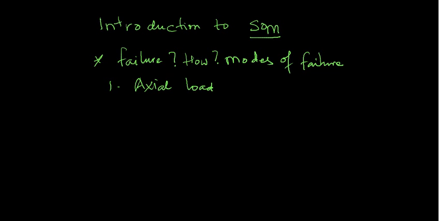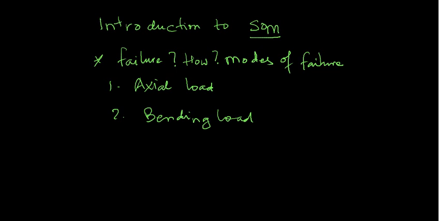The second kind of load that acts on a member is a bending load. Now, we'll be going into much more depth for these terms, but for the moment, let's just focus on the literal words that are here.